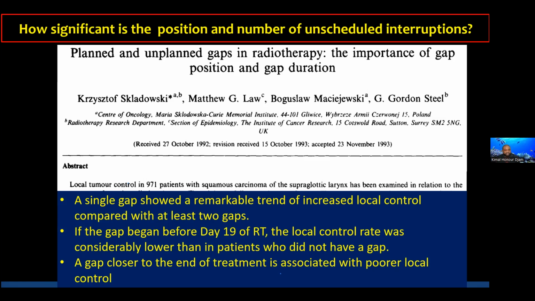But the paper itself acknowledged that the mechanism for this phenomenon still remains unclear, and that the effect of timing of the treatment gap appears to have a considerable impact on the outcome of radiation therapy.